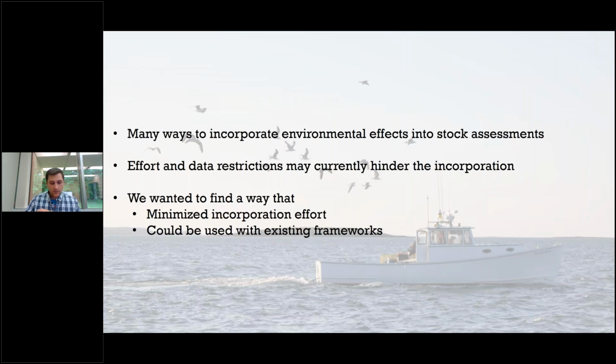So this study really set out looking for a way to aid stock assessment scientists and fisheries managers to incorporate these effects, but we didn't want to completely overhaul current methodologies. We wanted a simple and effective method that could be used with existing assessment frameworks to incorporate these effects.